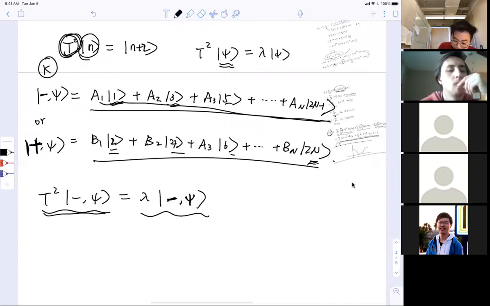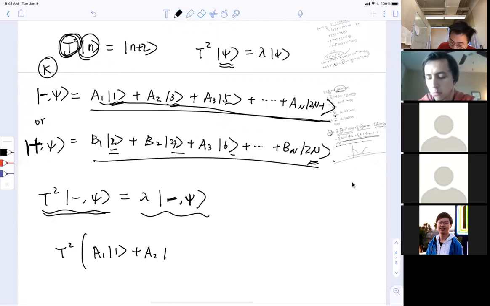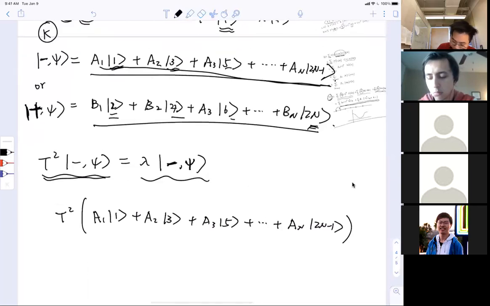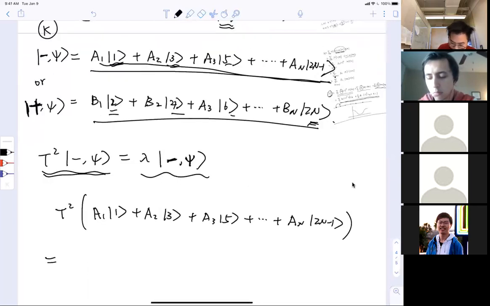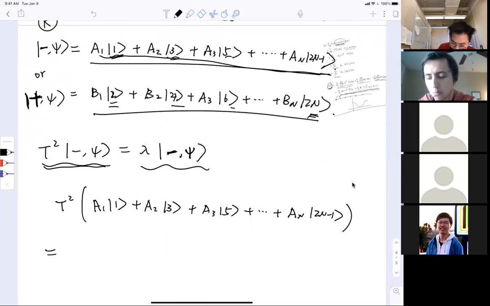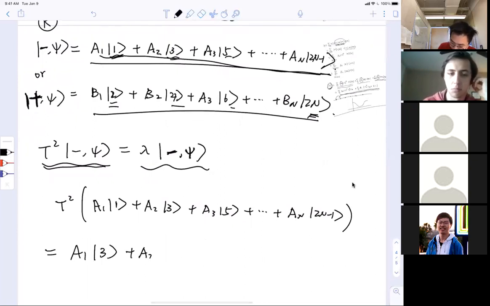So the left-hand side would give us some tedious calculation, but it's okay. It's much better than your last homework, right? Okay, this guy translates by 2, so 1 becomes 3, and 3 becomes 4, and 5 becomes 7.